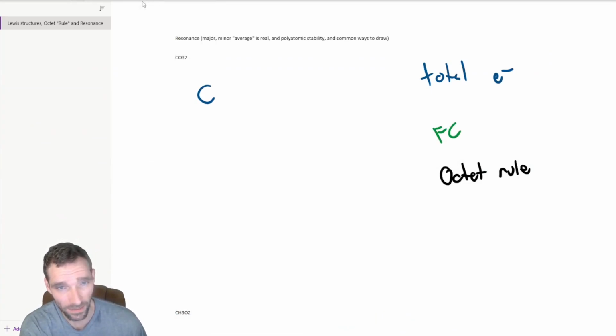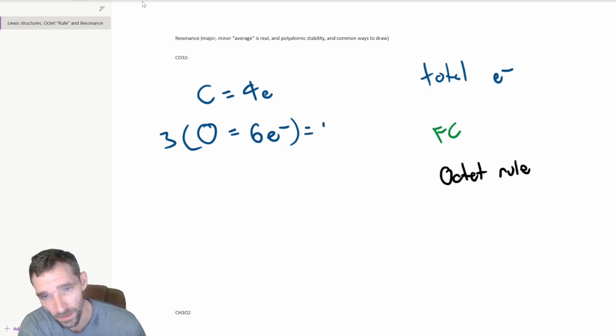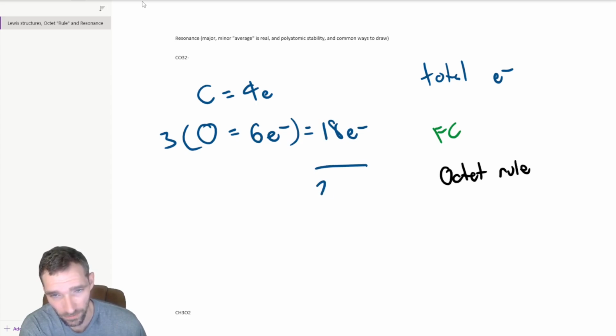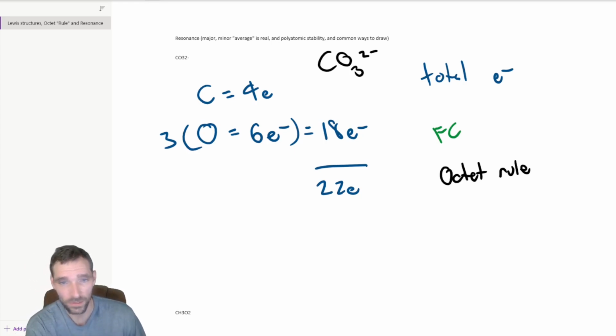So if you're going through the rules of drawing out a Lewis dot structure, you would look at this and say, okay, I've got carbon, which is contributing 4 electrons. I've got oxygen, which is contributing 6 electrons. And there's 3 of those, for 18 electrons from that. We add those up, we've got 22 electrons. So I should write this out as CO3 2 minus. We do actually have a -2 charge on here.